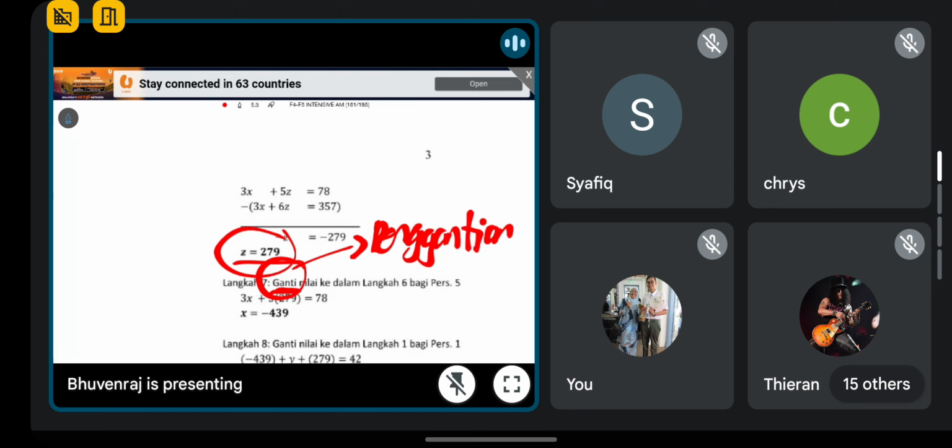Why suddenly substitution method enter here? Actually, you have to use substitution only. Tak ada lagi pilihan dah. When you already get one answer, dua jawapan lain kena guna kaedah penggantian walaupun di bawah payung kaedah penghapusan. Although it's underneath the elimination method, when you already find one answer, you have to use substitution method to find the other two answers. No choice already.